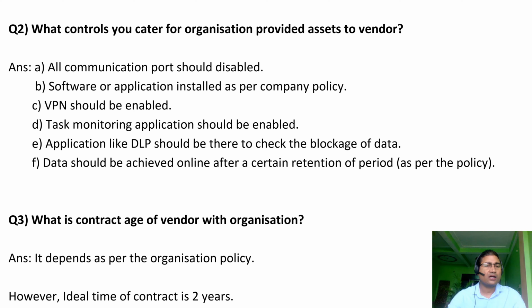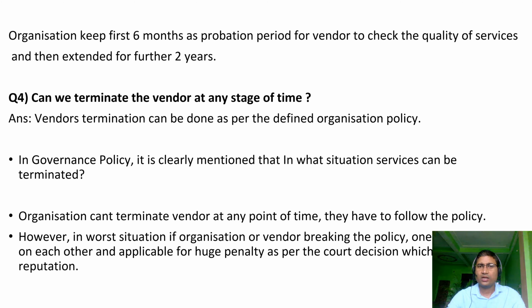Next question: what is the contract age of a vendor with the organization? So guys, every organization has different policies, so the answer varies from the organization's policy point of view. Ideally, if the vendor is very good in the market, with a nice standing, the contract time is 2 years. But if the vendor is a startup, the organization will first check the quality of the services.